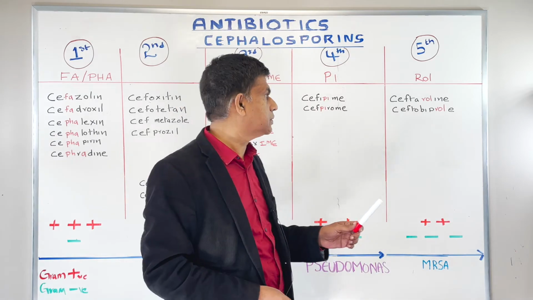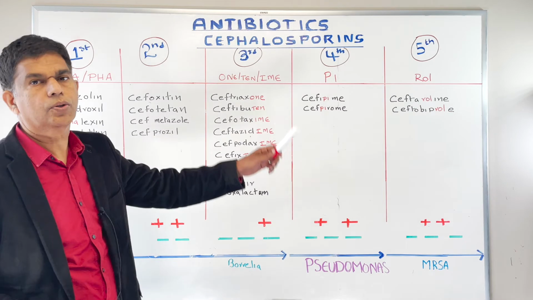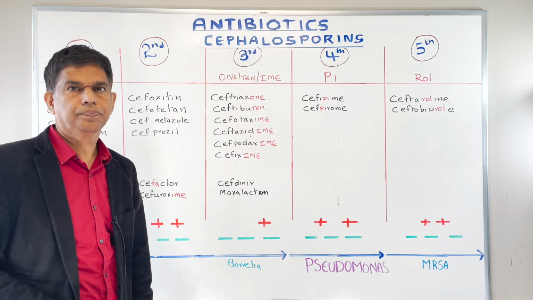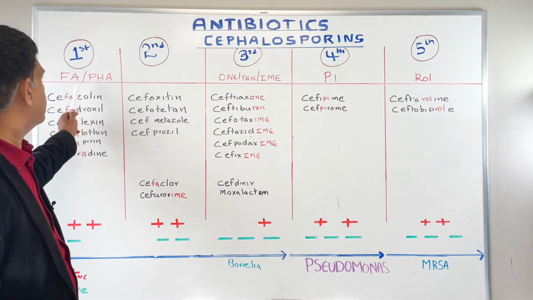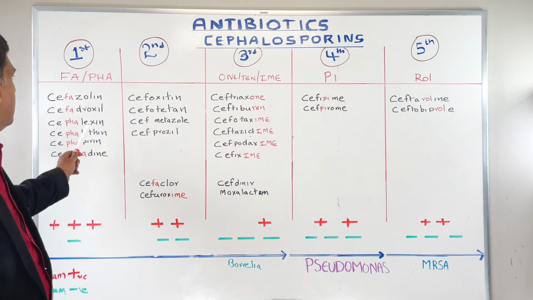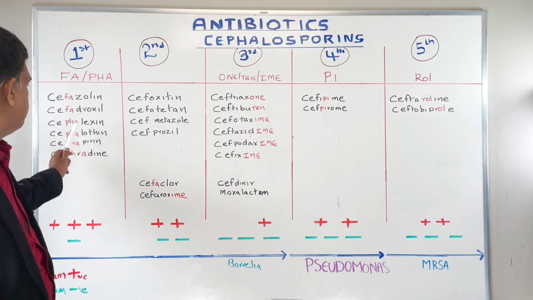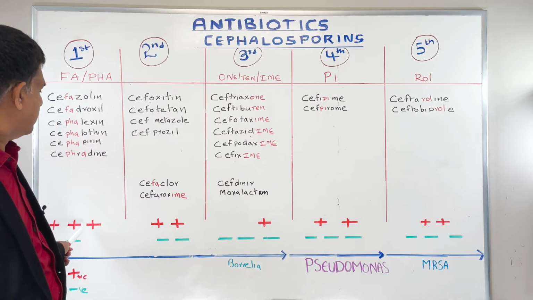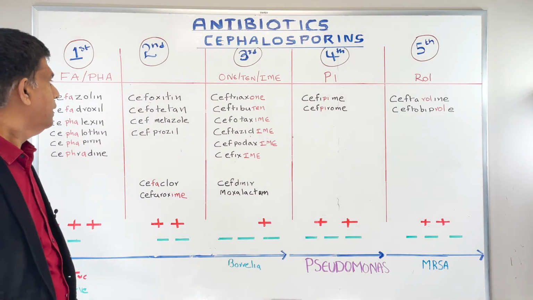So let's summarize one more time. We have first, second, third, fourth, and fifth generation. For the first generation, our mnemonic is FAPHA: cefazolin. Remember the FAPHA. And look at the coverage: gram-positive more, gram-negative less.